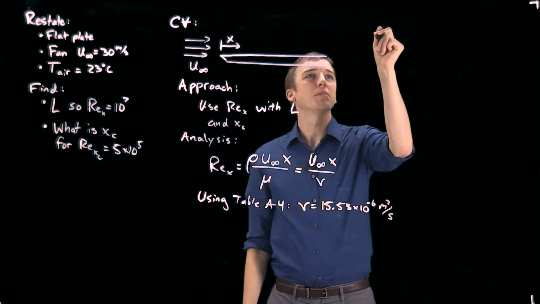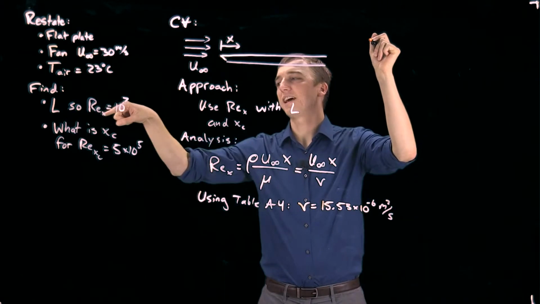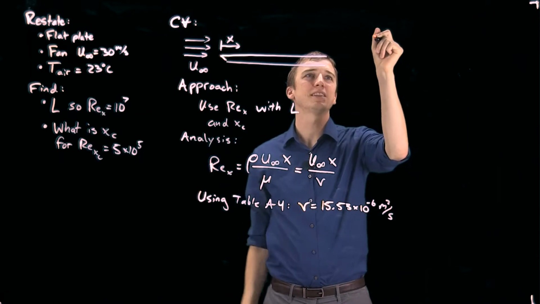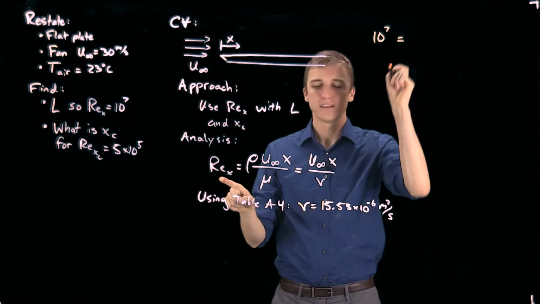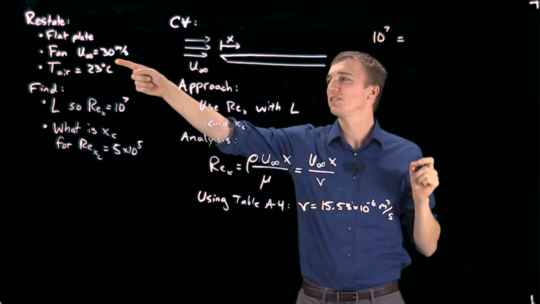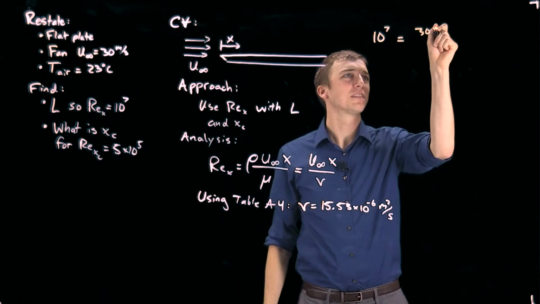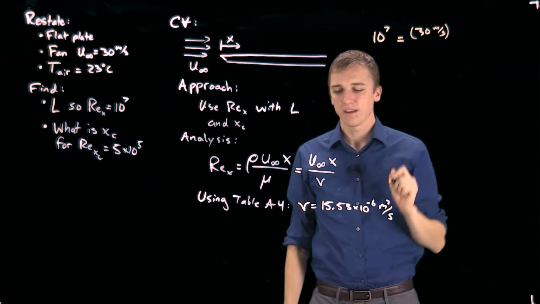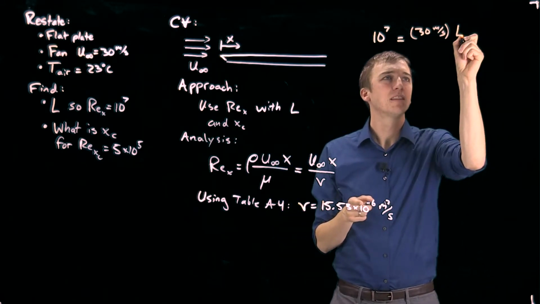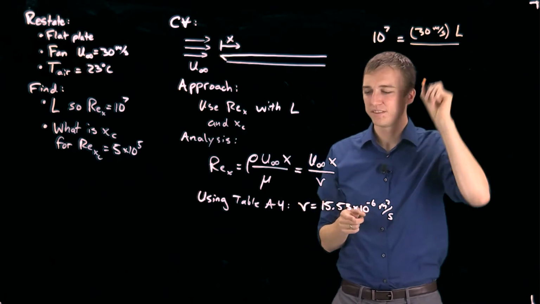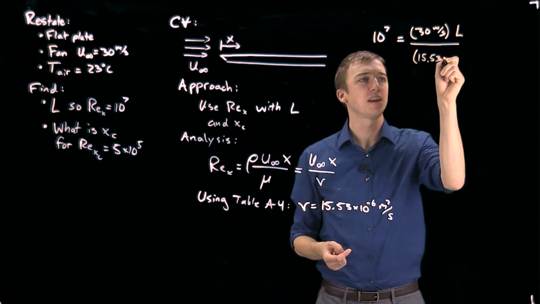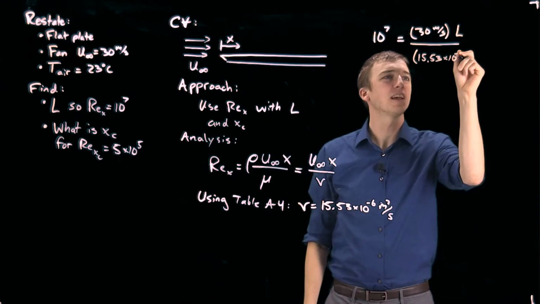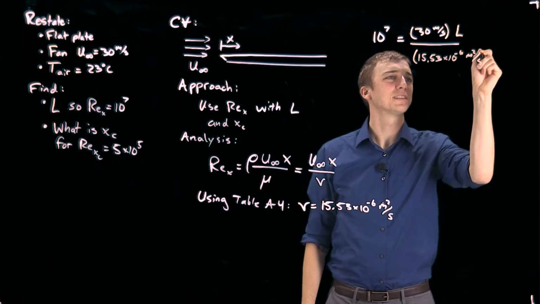So we'll start with the first problem. We need to find L. We know the Reynolds number should be 10 to the 7th. So we plug in a Reynolds number of 10 to the 7th and set it equal to U infinity, which is 30 meters per second, multiplied by the length of the plate, L, and divided by our viscosity, 15.53 times 10 to the negative 6th meters squared per second.